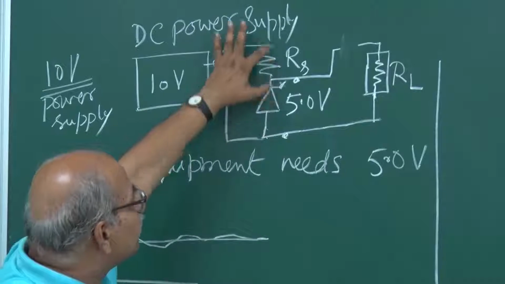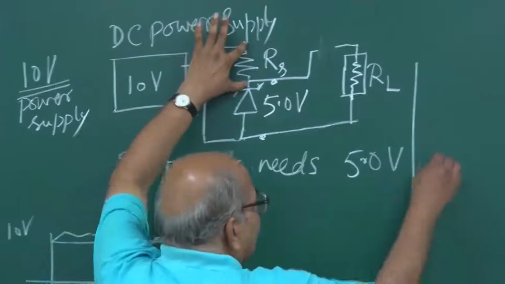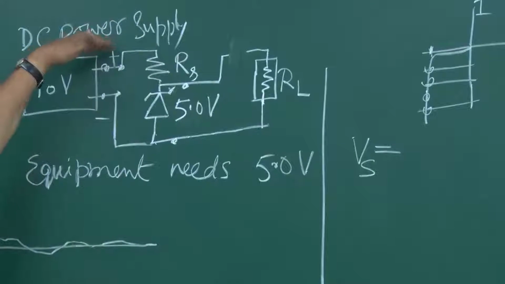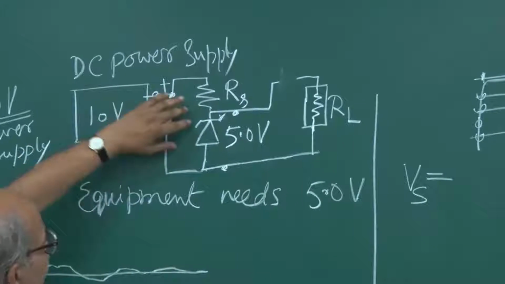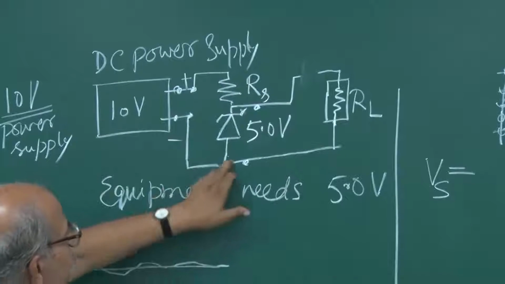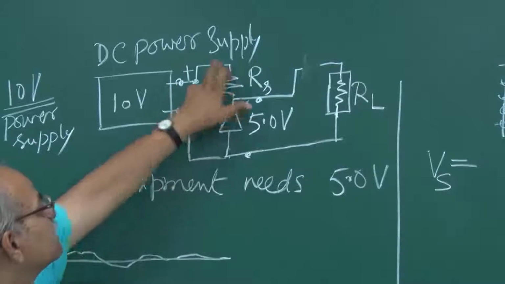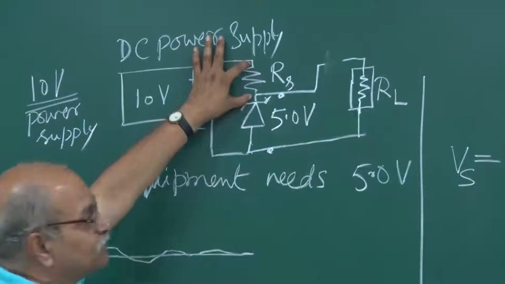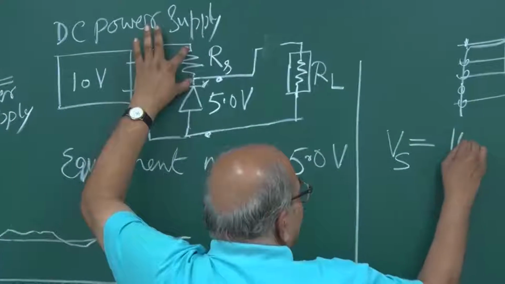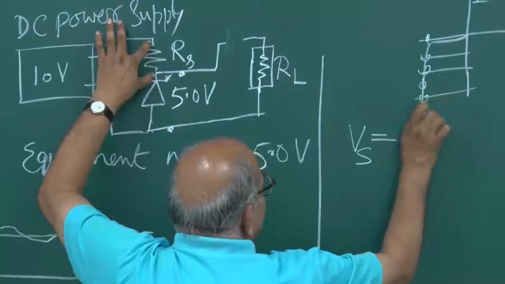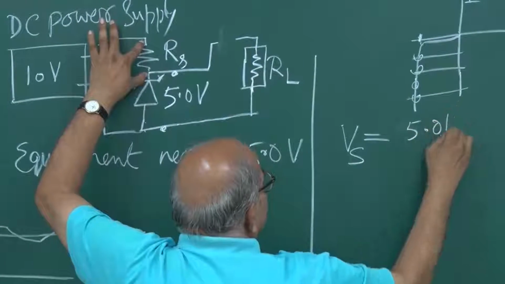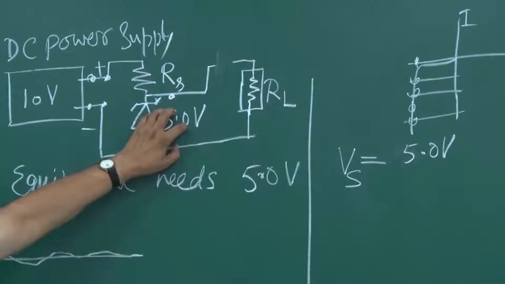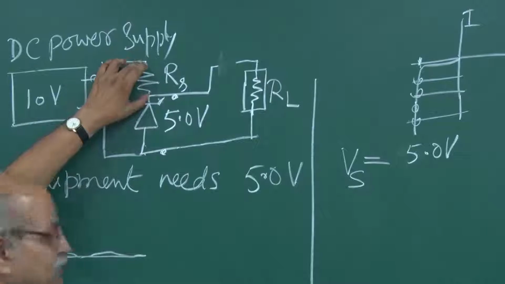So what is the voltage on RS? The voltage on RS, let me write it Vs, if I take this as 0, this will be 5 volt, and this is 10 volt. So the drop is 5 volt on this RS also. So Vs is 10 volts minus 5.0 volt, that is 5. Let me write it 5.